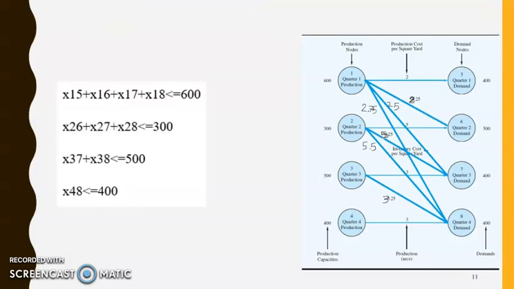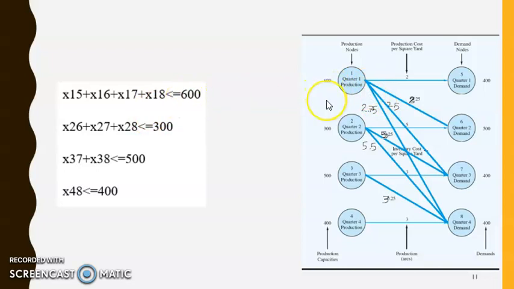We have 4 supply nodes, so we have 4 supply constraints. For example, for quarter 1, it is the capacity 600, and it is the outflow X15, X16, as you can see here, X15, X16, X17, and X18.